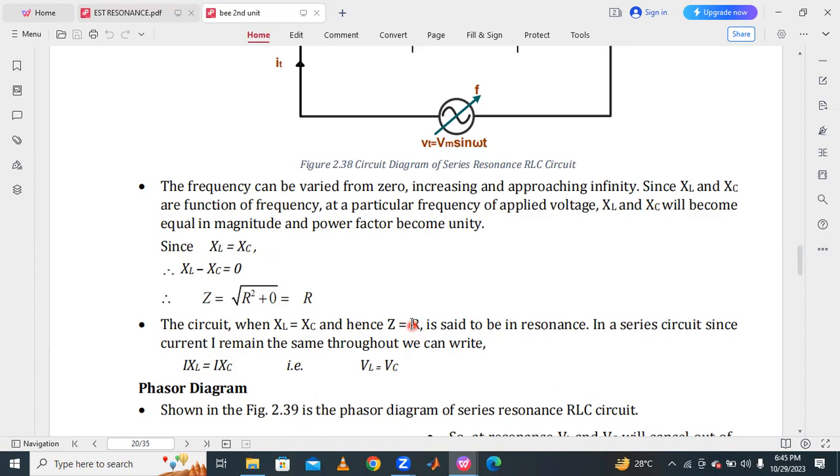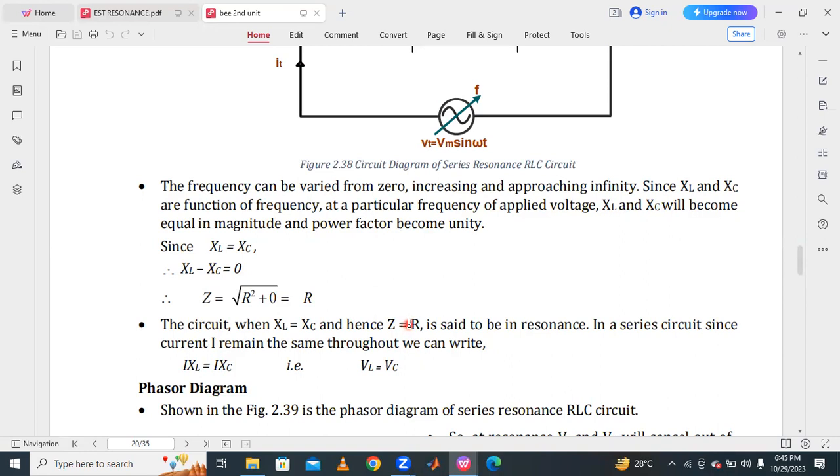That's why the series RLC circuit under resonance is called a current acceptor circuit. Z is equal to R, the minimum impedance offered by the circuit at resonance condition, so it allows the maximum value of current from the source. Under resonance condition, the current is maximum in a series RLC circuit.